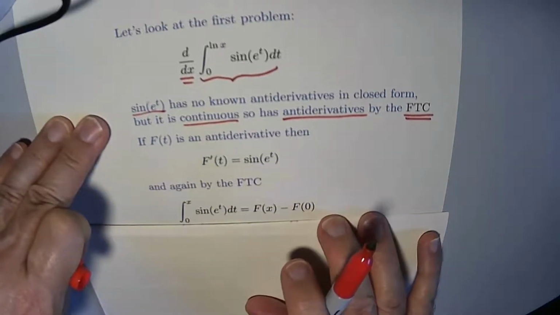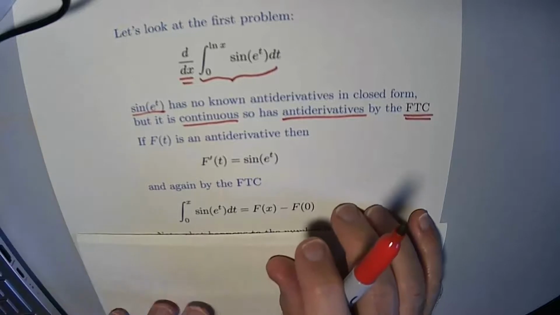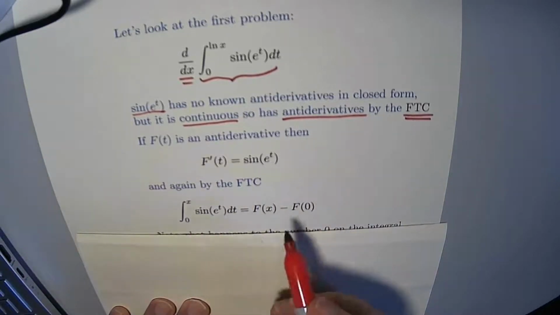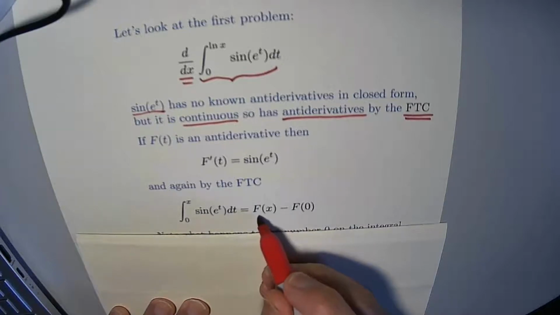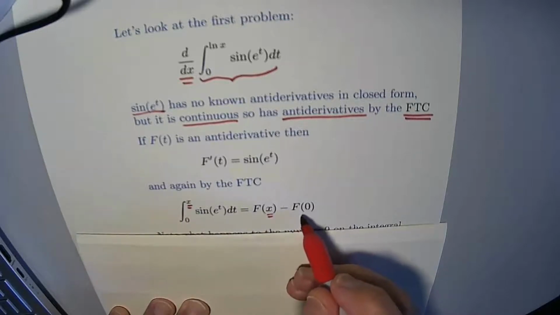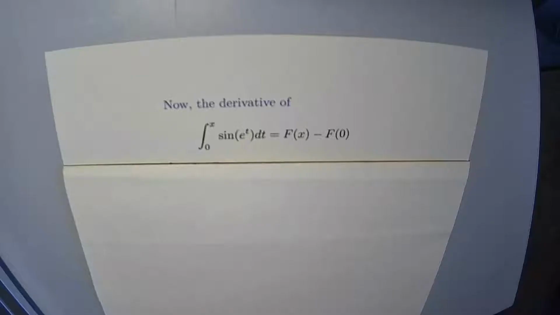Now the second part of the fundamental theorem says we can write the integral from 0 to x as the difference between the antiderivative evaluated at x, the upper limit, minus the antiderivative evaluated at the lower limit, 0. Now let's take the derivative of this function.